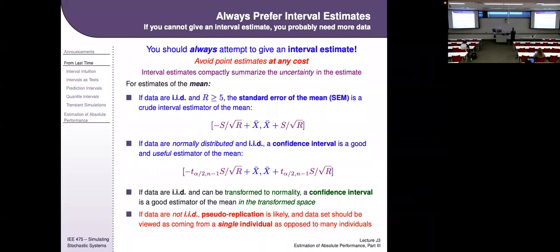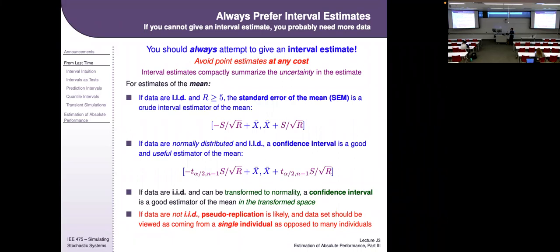So don't tell me just the average waiting time for a customer or the average queue length or anything like that. Try to capture that with an interval estimate, because every time you run that sim, you're going to get a different average. So the average itself from the samples from the sim is not as meaningful, but the interval is useful because the interval most likely captures the true average within it. So the interval is much more helpful of a quantity.